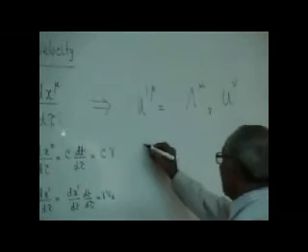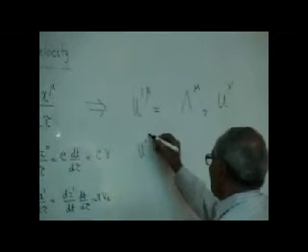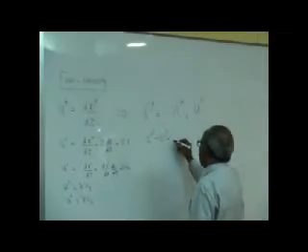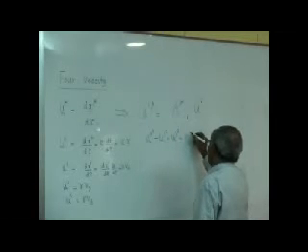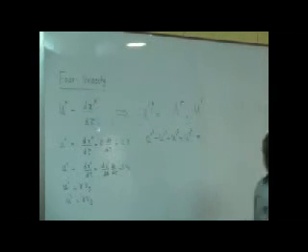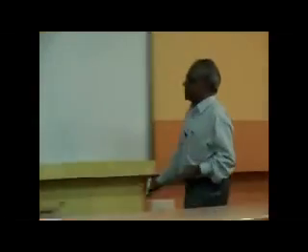So now, U0 squared minus U1 squared minus U2 squared minus U3 squared. What should this be? It should be the same in all frames. It should be a Lorentz scalar. Let's calculate what that quantity is.